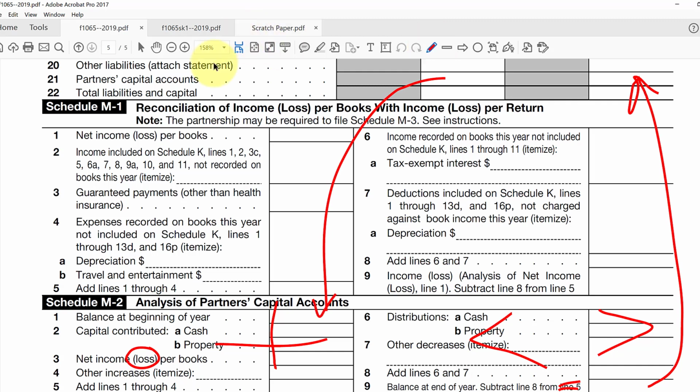This Schedule M-1 is a reconciliation. A reconciliation is just a report showing differences from one number to another number, one balance to another balance. So here's your net income coming from your financial statement. And you have to reconcile it all the way down to this number here, which is the taxable income for the whole year.